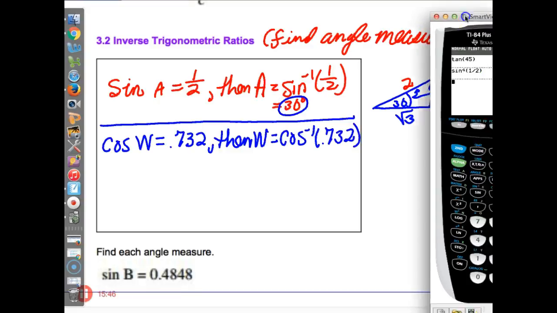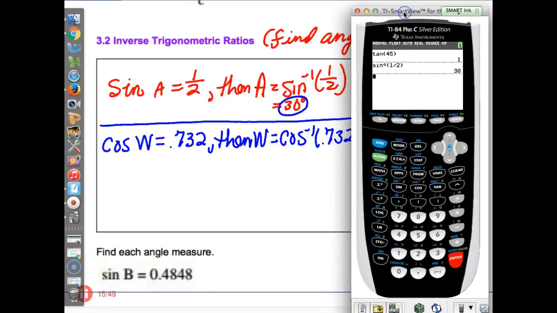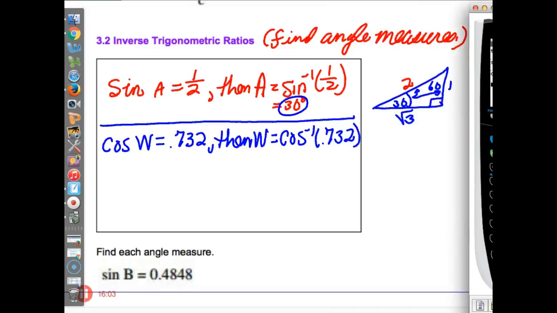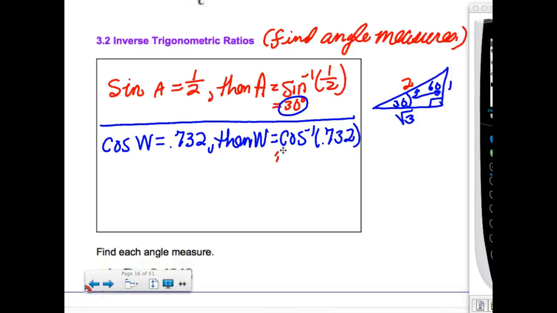Let's bring it back into view. And I do second cosine 0.732. And my calculator will tell me that we're dealing with about a 43-degree angle. So W would be about, because I'm rounding, 43 degrees.